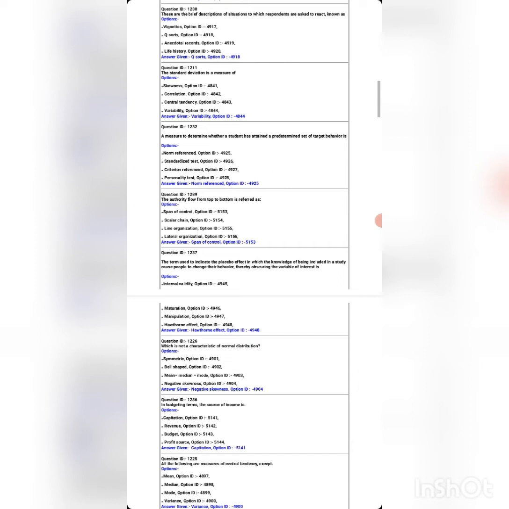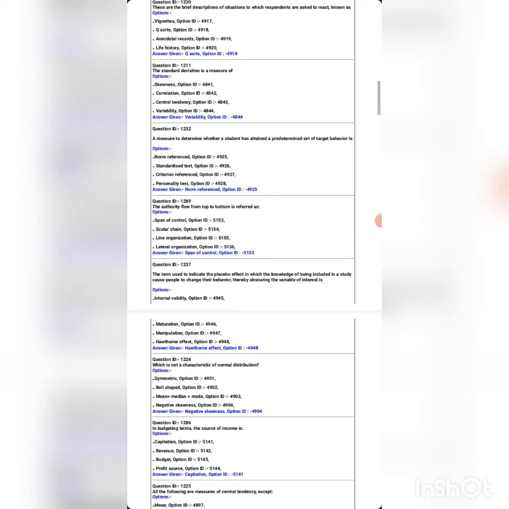Another question. As you all see in this, the question is, these are the brief description of situation to which respondents are asked to react, known as. उसे हम क्या कहते हैं?